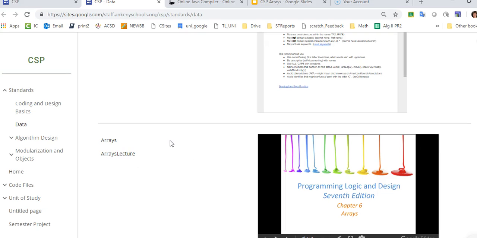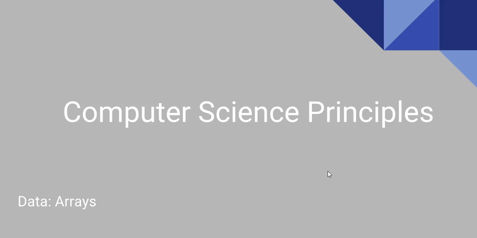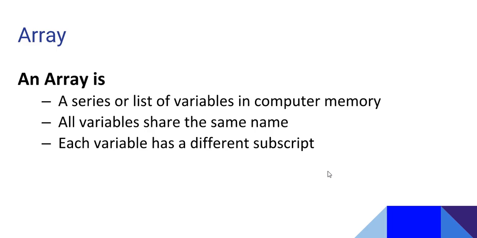Arrays are a special type of data in Java and in many programming languages. An array is a series or a list of variables in a computer's memory, and all the variables share the same name, and each variable has a different subscript.